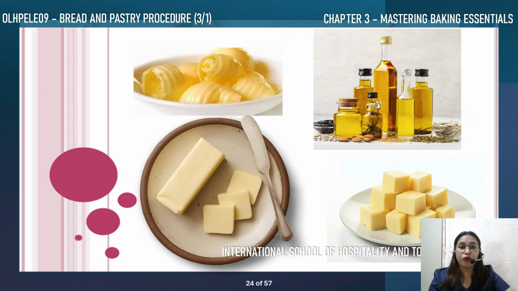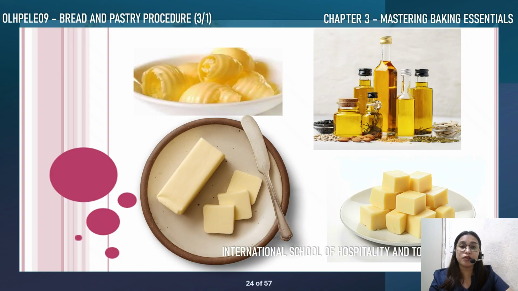What are the kinds of shortenings? Shortenings come in several types, each suited for different baked goods. Butter is a natural milk fat that adds rich flavor and is ideal for cakes, cookies, and pastries, for example, Anchor and Magnolia. Margarine is a butter substitute made from vegetable oil, suitable for general baking, like Star Margarine.